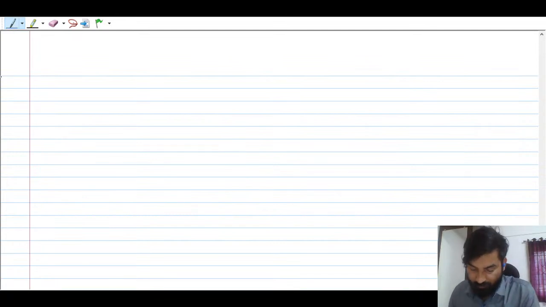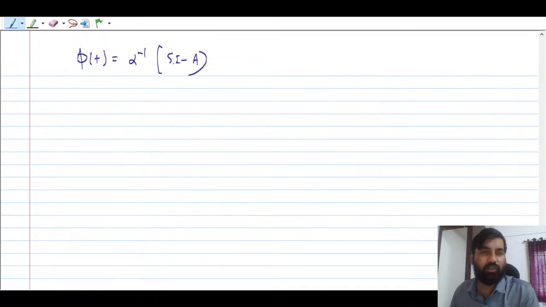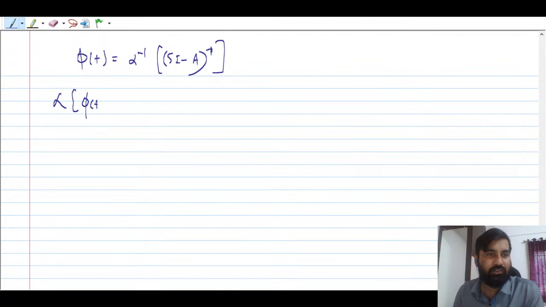Now, suppose phi t is L inverse of (sI minus A) whole inverse. This is the inverse Laplace transform. So if you take the Laplace transform of phi t, which is phi s, it will be (sI minus A) inverse.